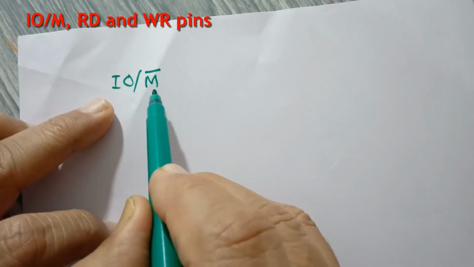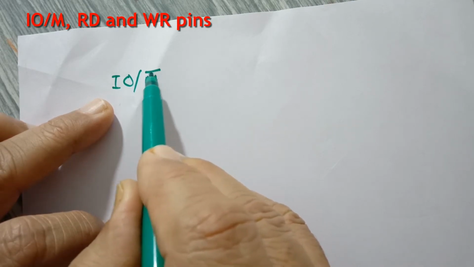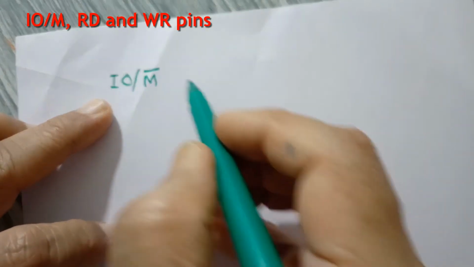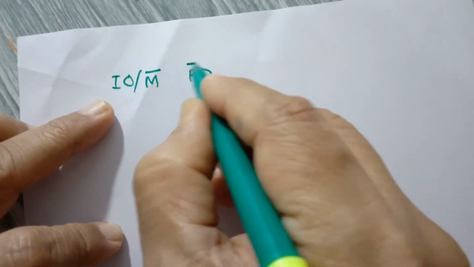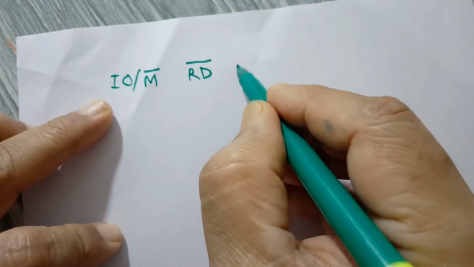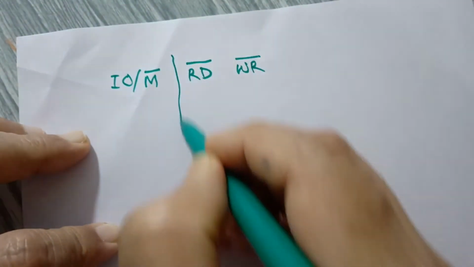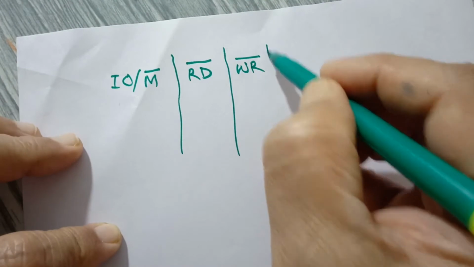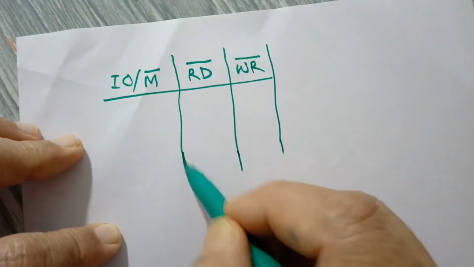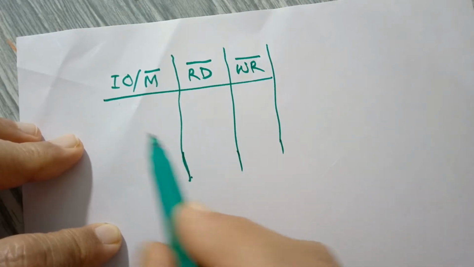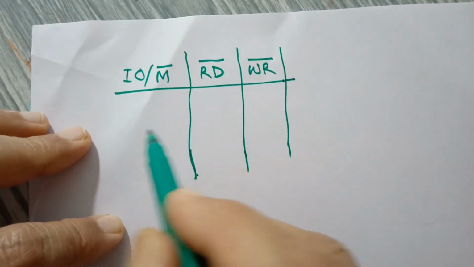So this bar indicates that the operation is for memory and happens when it is active low, right? Together with it we have RD bar, which we discussed briefly last time, and also WR bar. These three pins are actually issued by the microprocessor, and that helps us to generate control signals.